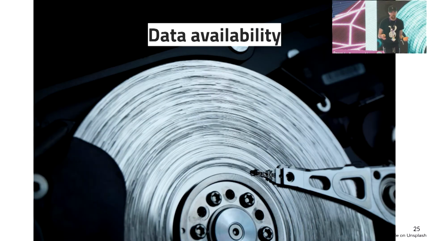So data availability, what is this? Well, as the name suggests, it means that the data necessary to compute the current state of the blockchain, of the applications on the blockchain, are stored and accessible, basically, via some interface. But it's a little bit more complicated than that.